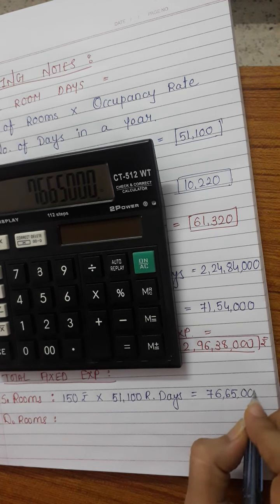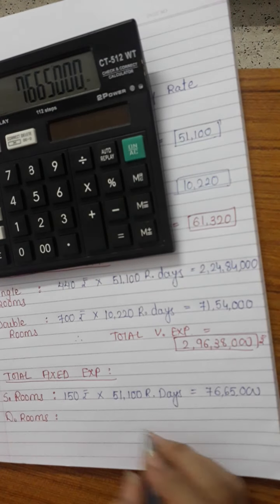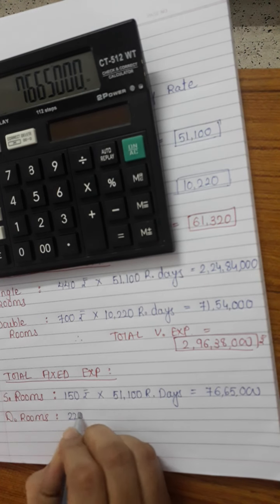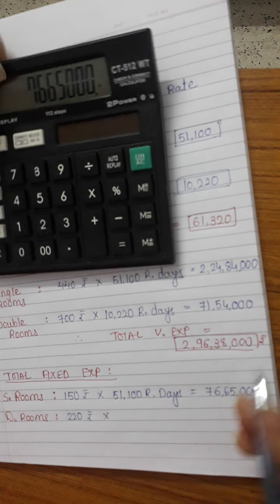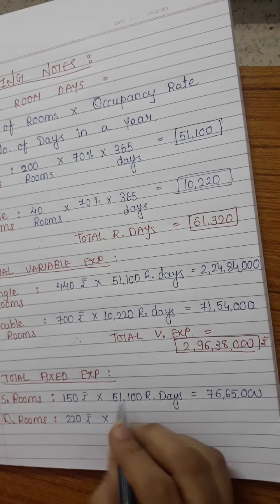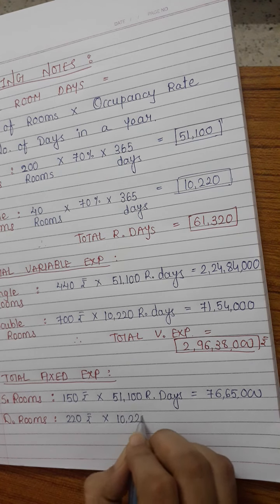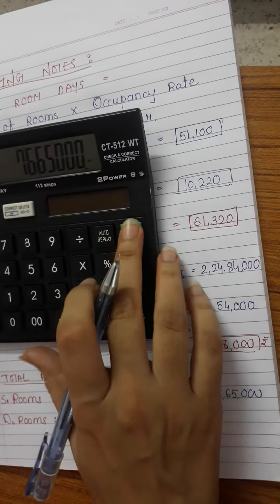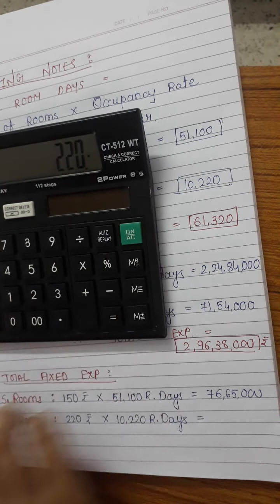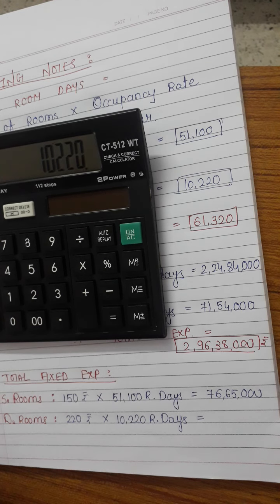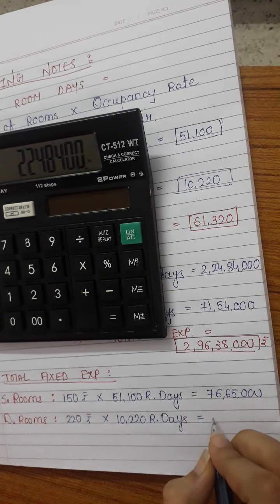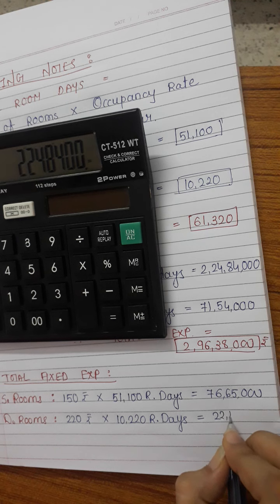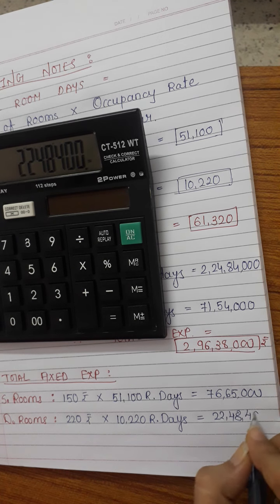76,65,000. In the same way, in case of double rooms, the charges are 220 rupees. Multiply double room days, 10,220. Your answer, 220 multiply 10,220, is 22,48,400.